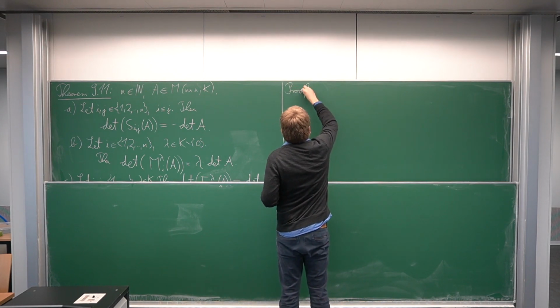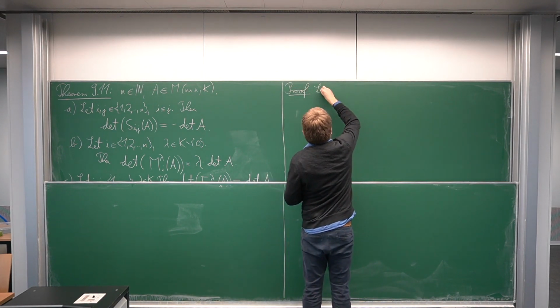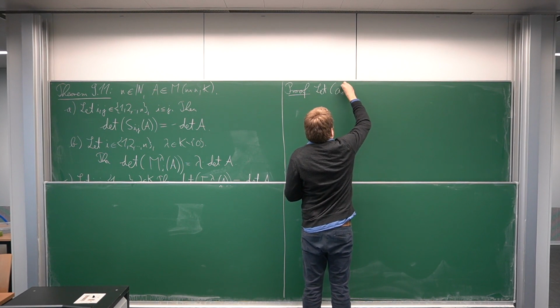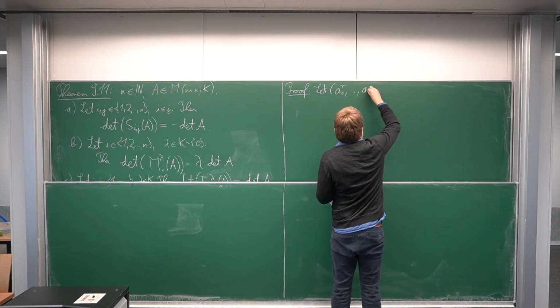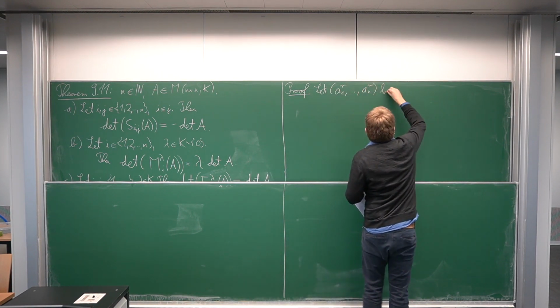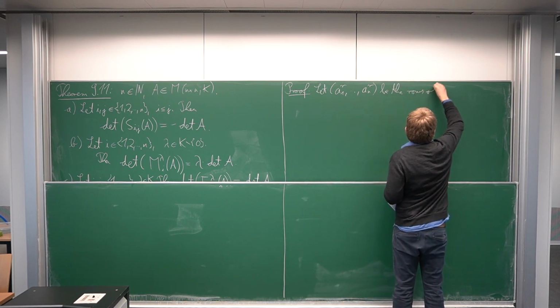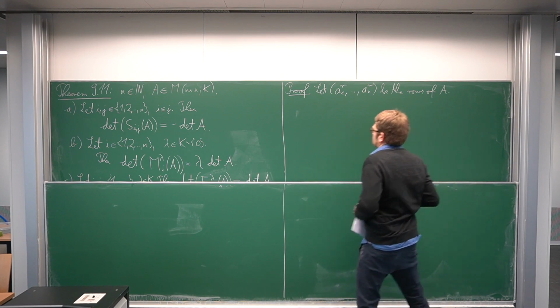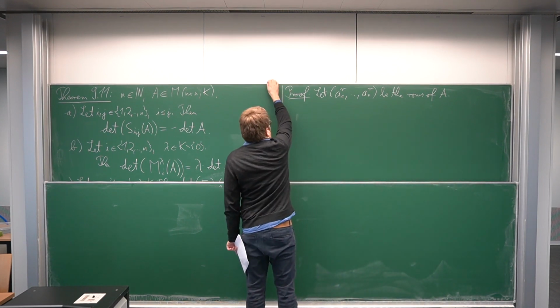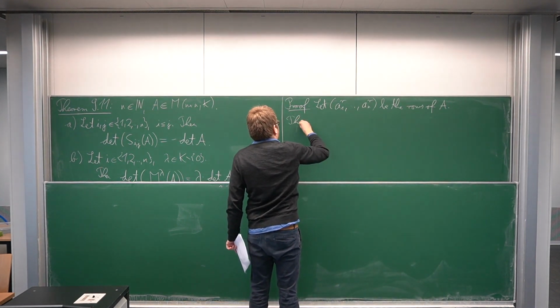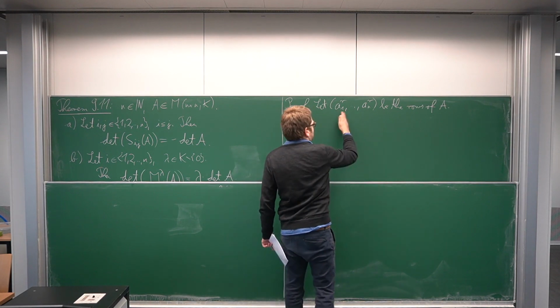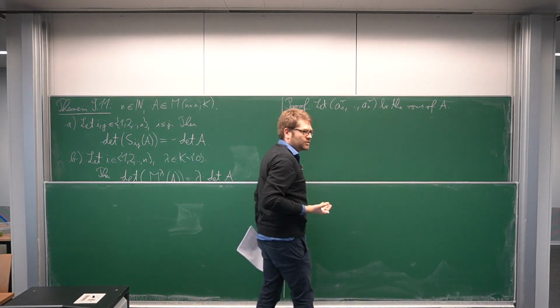Proof, just as notation: let A_1^R to A_n^R be the rows of A. Then the determinant of A is just the determinant of these vectors seen as elements of k to the n.